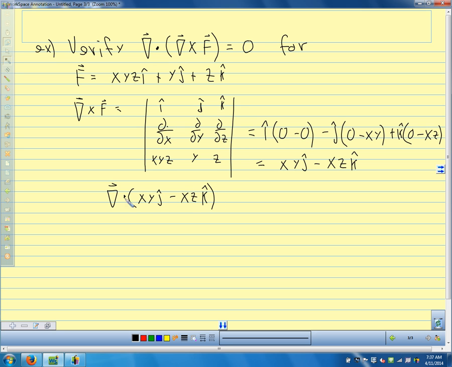Take the partial with respect to x of the x component. Well, there's no x component, so I get 0. Partial with respect to y of the j component, I get an x. And partial with respect to z of the z component, I get a minus x. And we verify that it equals 0.